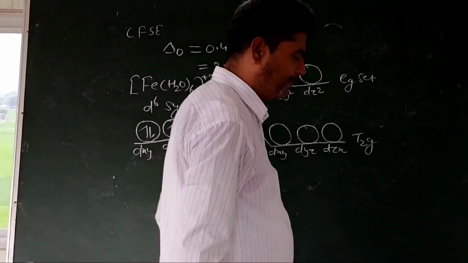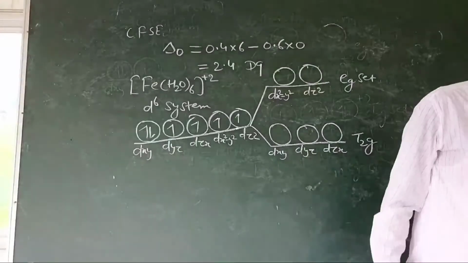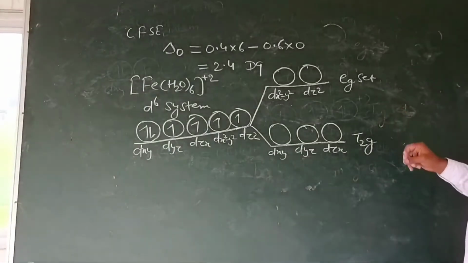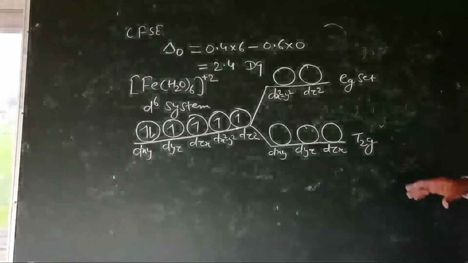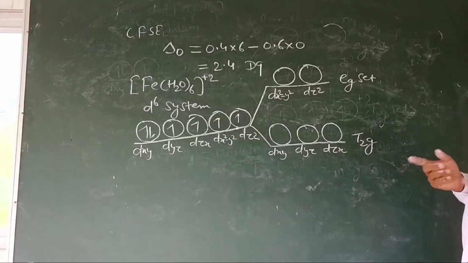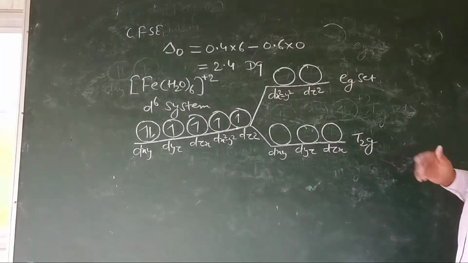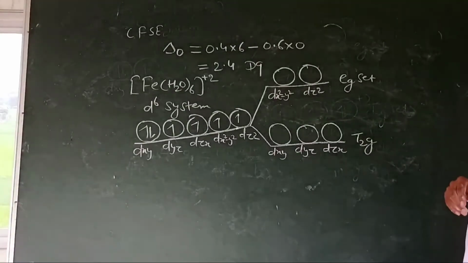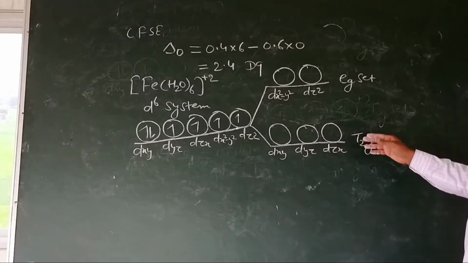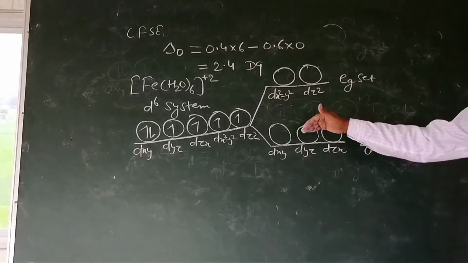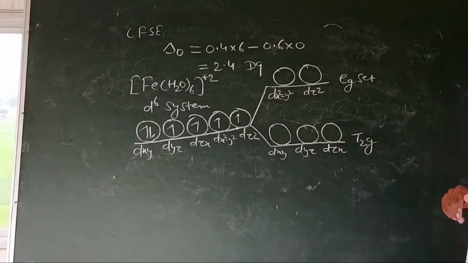After splitting of the orbitals, 6 d electrons are distributed between the EG and T2G sets. The same as in the beginning, electrons first enter the low energy level. Our low energy level is T2G, so the electrons will enter T2G.